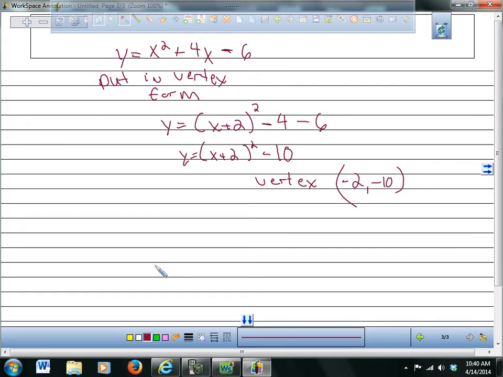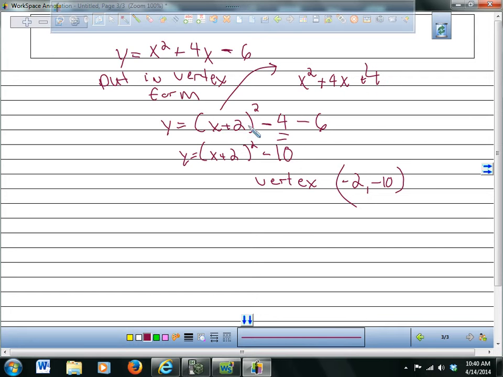One more time. Why is it minus 4? Okay, again, I'm just rewriting this exact same thing in a different form, right? So if I expand x plus 2 squared, that's equal to x squared plus 4x plus 4.